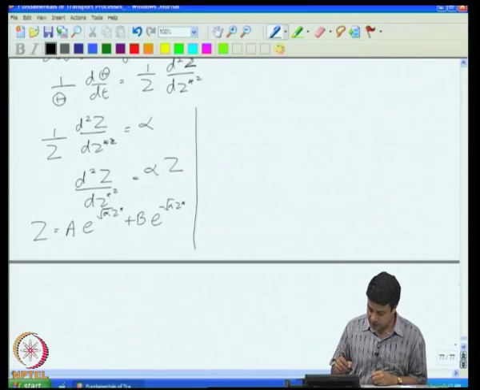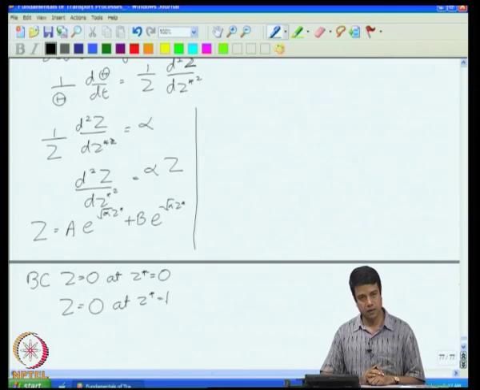So, therefore, in this case I require the boundary conditions Z is equal to 0 at z star is equal to 0 and Z is equal to 0 at z star is equal to 1.